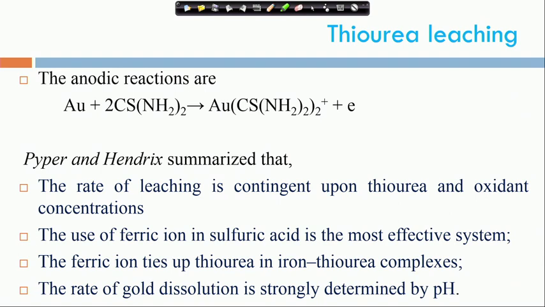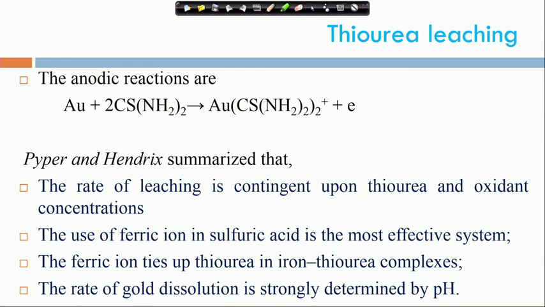It will depend on the thiourea as well as the oxidant concentration. The use of ferric ion is also done, because here an electron is being released, and that electron has to be accepted. As we know, for any reaction, once you release an electron, there has to be a species which can take that electron.